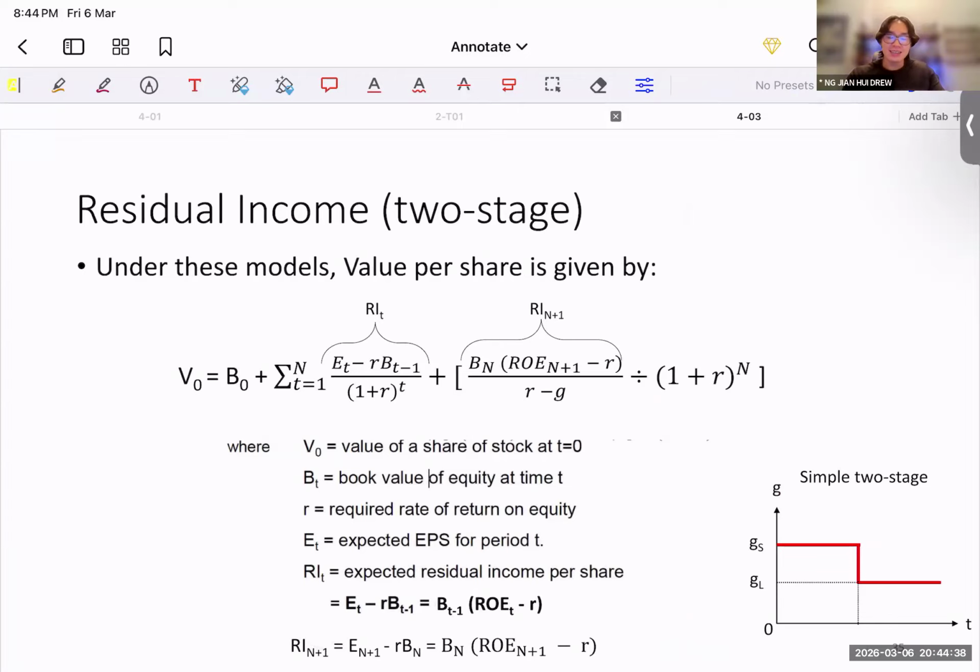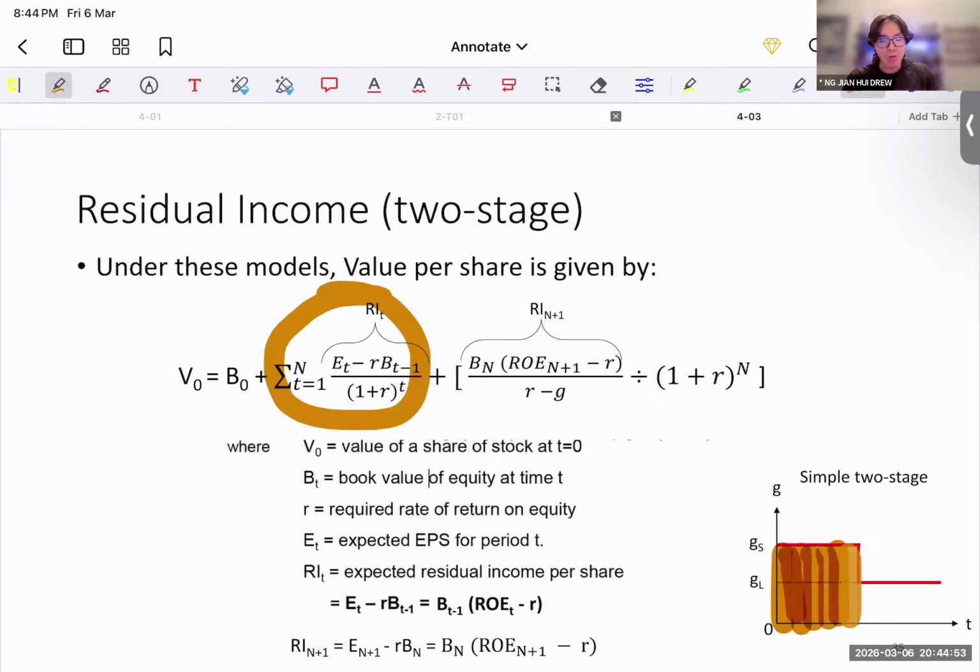Now, the two-stage is exactly the same. So I'm just going to highlight to you, we have this part here, right? The summation of our supernormal growth. So this component here is the present value of cash flow from our supernormal growth, plus this is your terminal value here, right? TV.